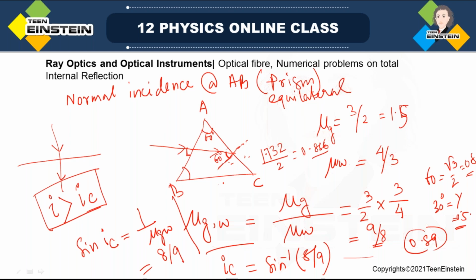If the critical angle is less than the angle of incidence, in this case 60, then total internal reflection would happen. But if it is not, then total internal reflection will not happen. So in this case, what we have got, I'll just quickly write over here.